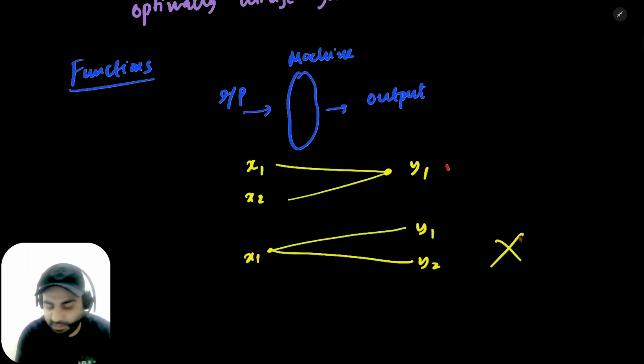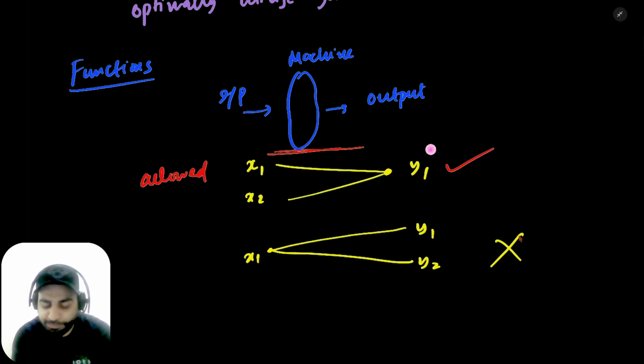Briefly speaking, if you have some mathematical expression, think of it as a machine. You give it an input and it produces some output. Multiple inputs can be mapped to a similar output, but the reverse is not allowed. One input cannot be mapped to two outputs. That's what a function means.